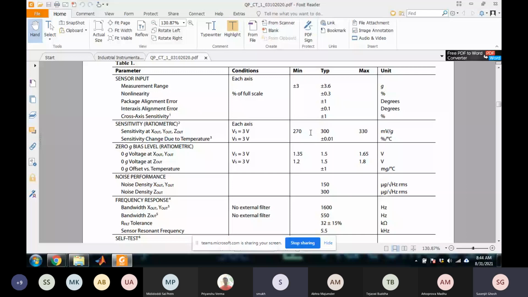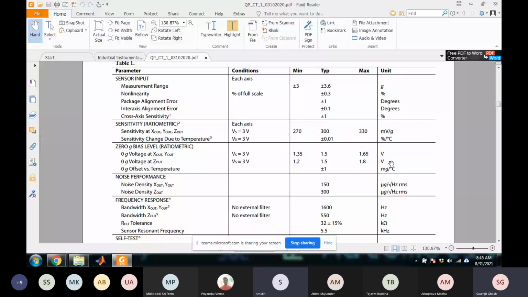So the offset is 1 point. Here it is given that the 0G offset value is 1.5 volt. So what is the output range? The output is 3.6 into 300 millivolts per G, so it's like plus minus 1.08 is the output, but there is an offset of 1.5.